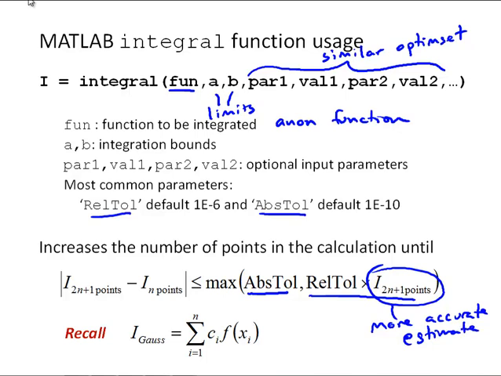So basically we're continually increasing the number of terms, the number of points in that linear combination of function evaluations, until the end integral result is changing by less than the tolerance setting.